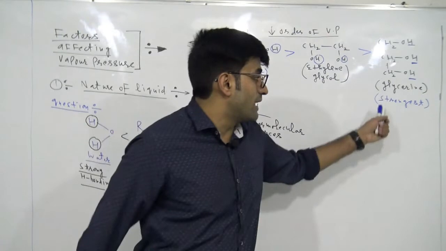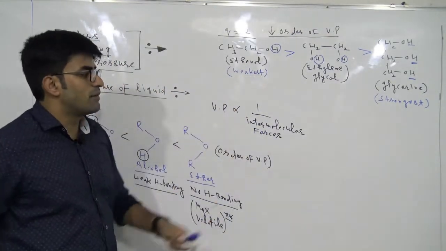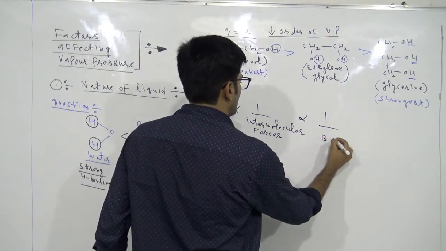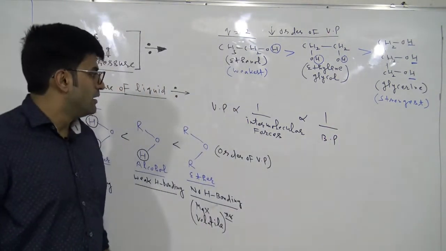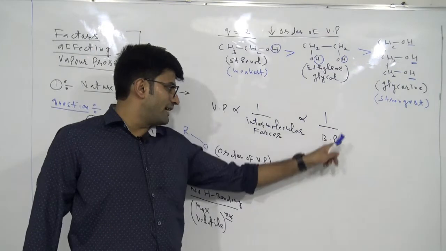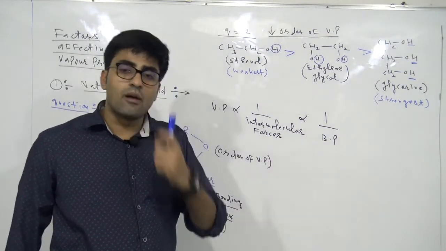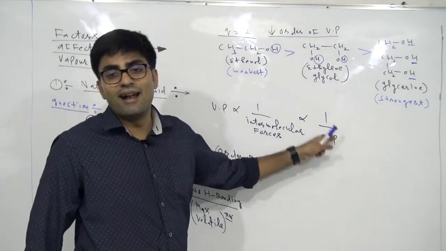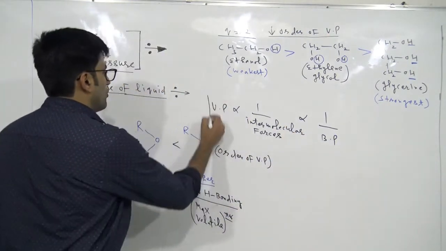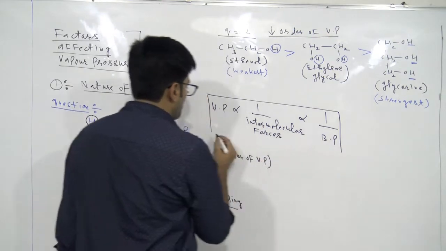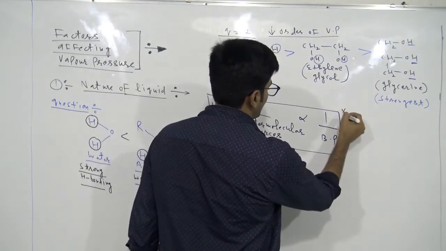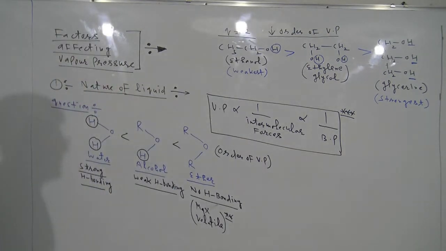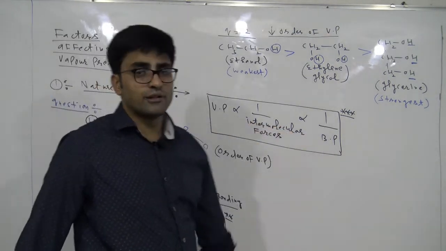So here, vapor pressure is inversely proportional to intermolecular forces, and boiling point is directly proportional to intermolecular forces. More intermolecular forces, more boiling point, and less vapor pressure. So please keep in mind that vapor pressure and boiling point are inversely related, and I hope the reason is also clear.